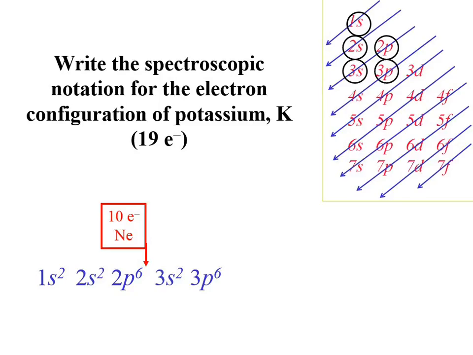And again, we've reached another rare gas, and that rare gas is argon. So it looks like we only need one more electron. And where's that last electron going to go? 4s. Yes, 4s. 4s1, perfect. And we're done.